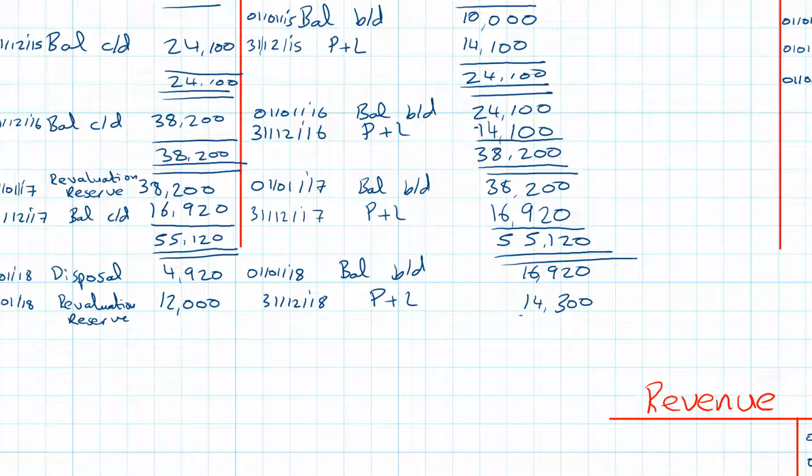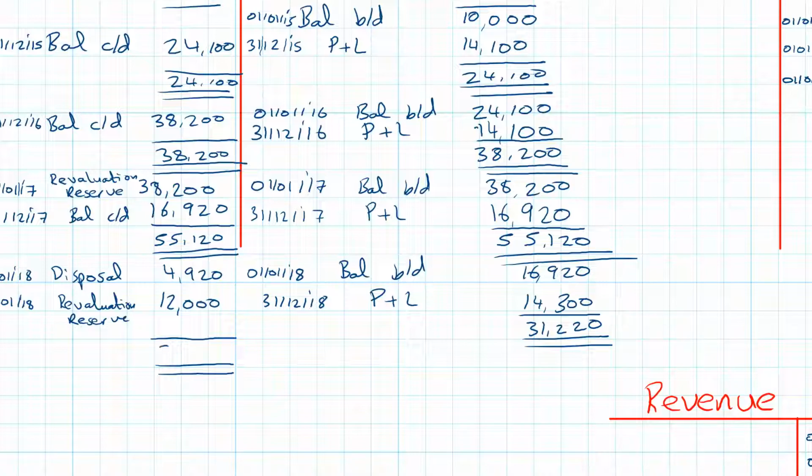Perfect. So to make sure that everything's right, we can balance it. Oh, I'm probably missing something there. I'll need a bigger space here. So the total is $31,220.